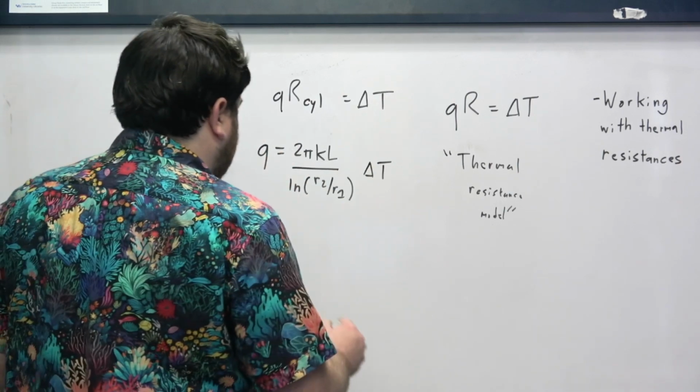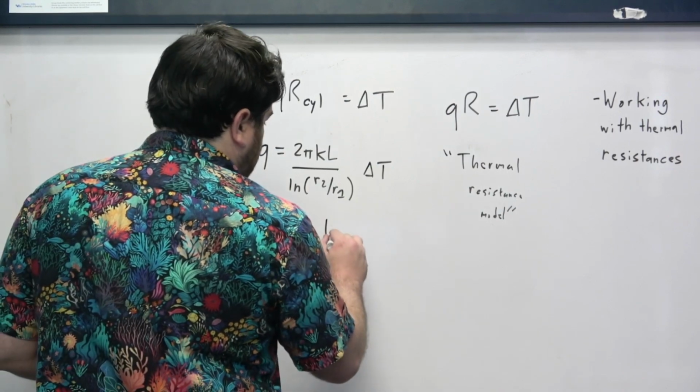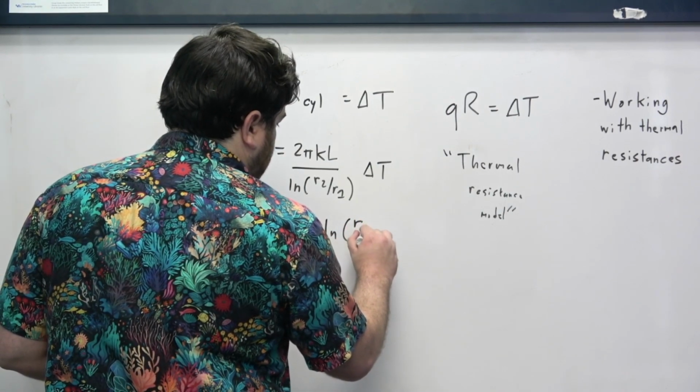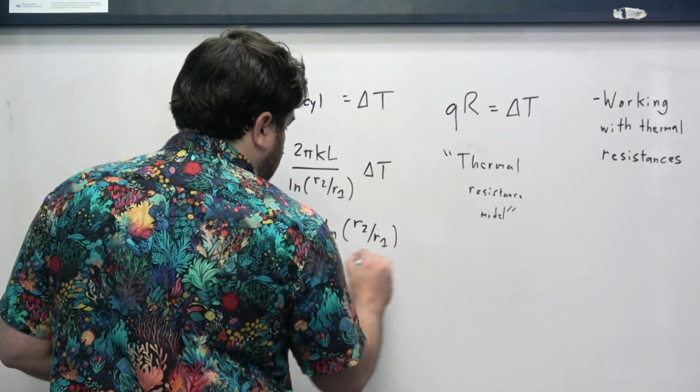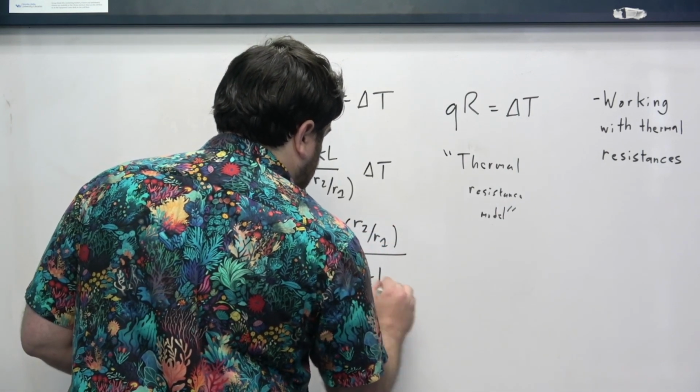Again, just isolate. So the cylindrical resistance is just the logarithm of R2 over R1 divided by 2 pi KL.